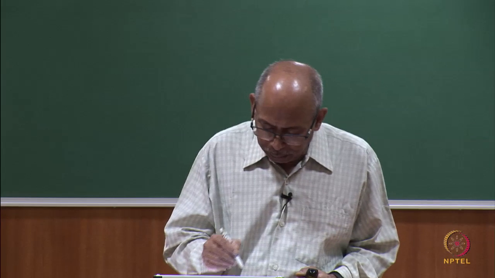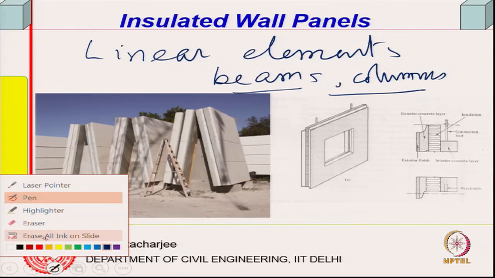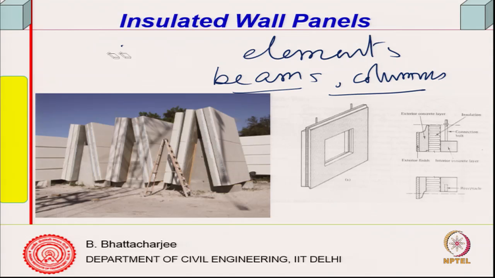Now, as opposed to this, planar elements as we call them, which is 2-dimensional. So, I can have wall as well as slabs of the same, and I think I must have shown you hollow core slab last class, or if I have not shown I will just come to that maybe.